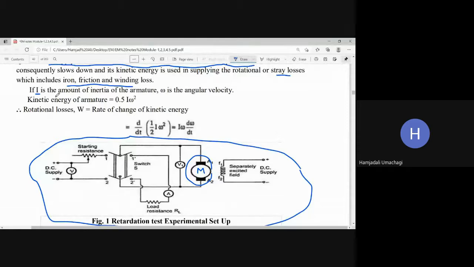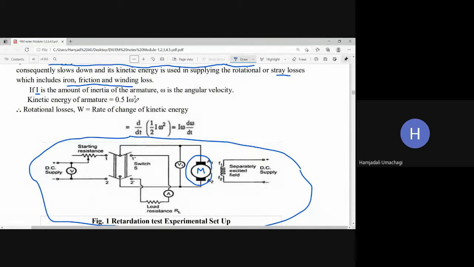Now, what is the kinetic energy of the armature? Kinetic energy of the armature is 0.5 I omega square. What is the formula for kinetic energy in general? The general formula is half mv square.